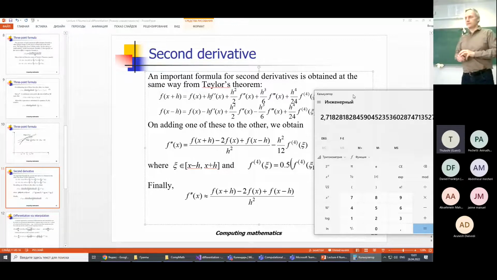Well, let's discuss these two results, these two cases. This is example number 1, case number 1. This is case number 2.